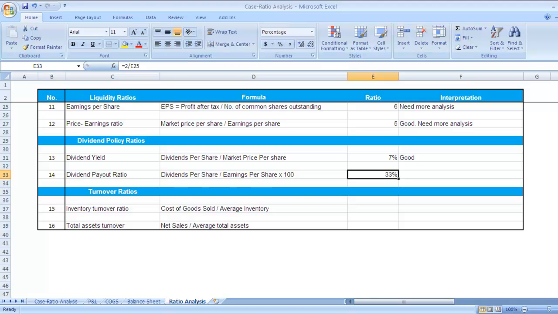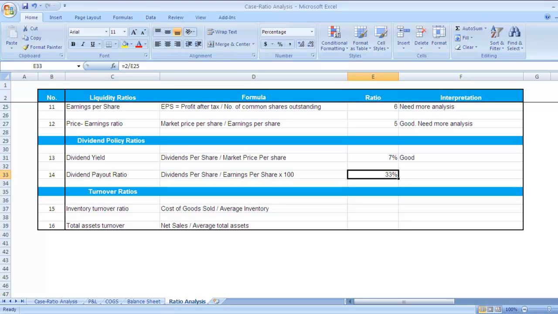Okay, what does this mean? Earnings not distributed to shareholders are retained in the business. So payout ratio is 33%. So 100 minus 33, that ratio is called the retention ratio.